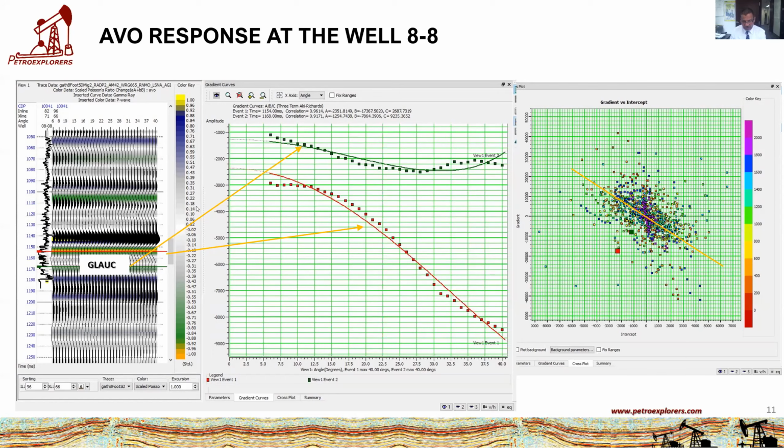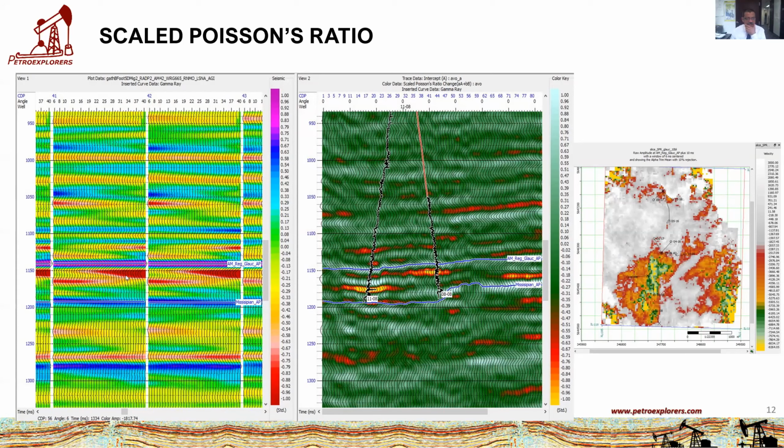So when we look at the scaled Poisson's ratio, looking at the gathers, you can see the AVO response of class 3, and that is responding right from this channel as well as this channel, doing a very strong cross plot in the cross plot domain. But what is this?